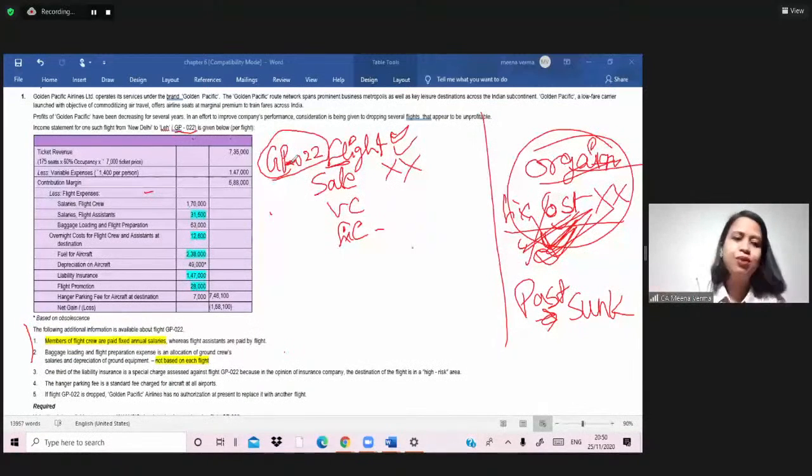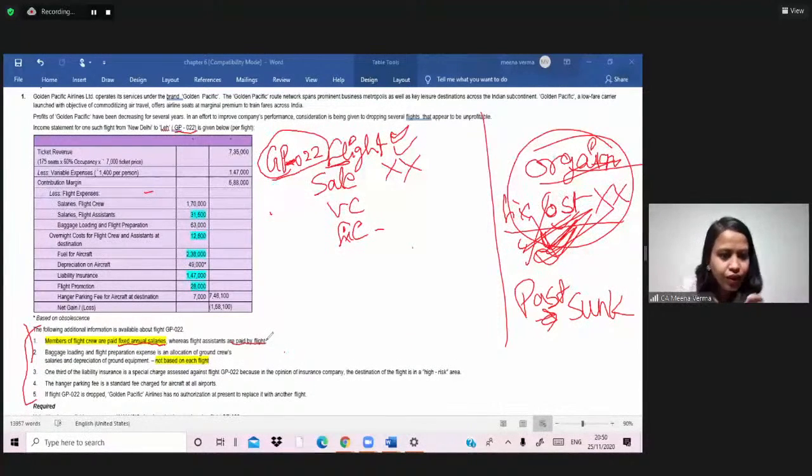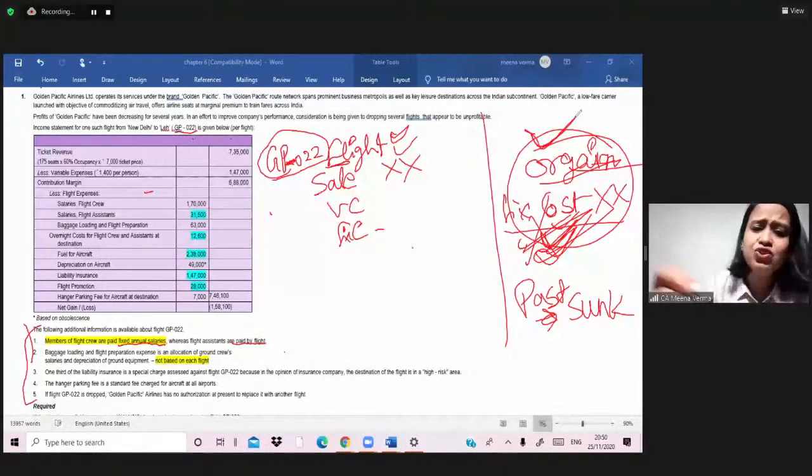For that, we have some information. We will consider this information. First information: members of the flight crew are paid fixed annual salaries, whereas flight assistants are paid by flight. Now tell me, out of this, which cost is the cost of the organization and which cost is the cost of the flight?